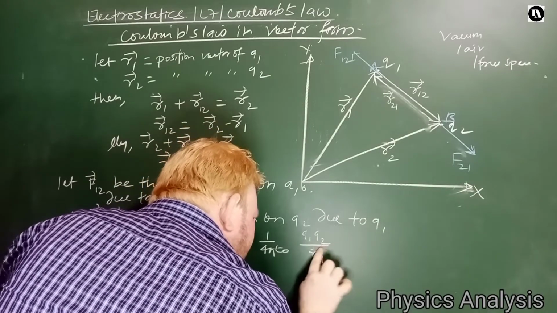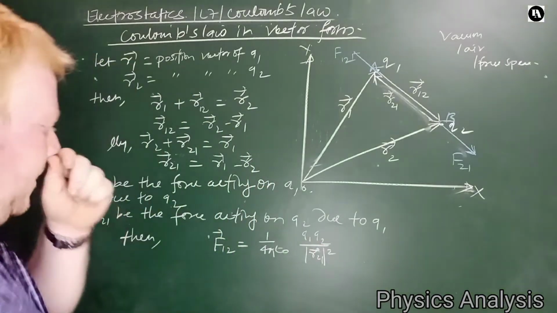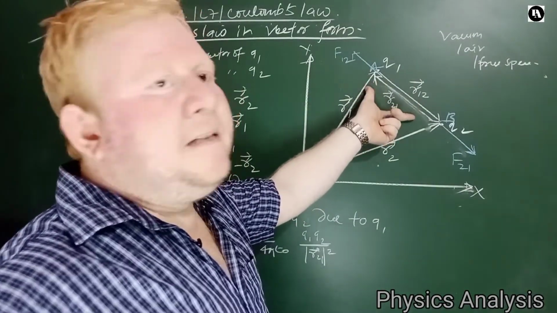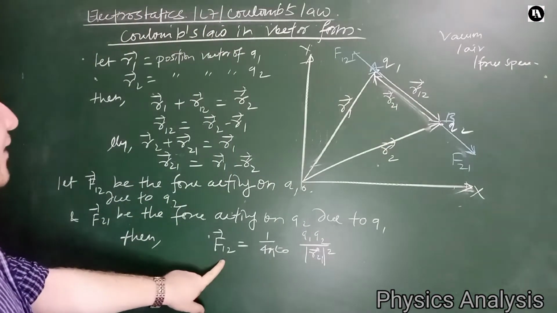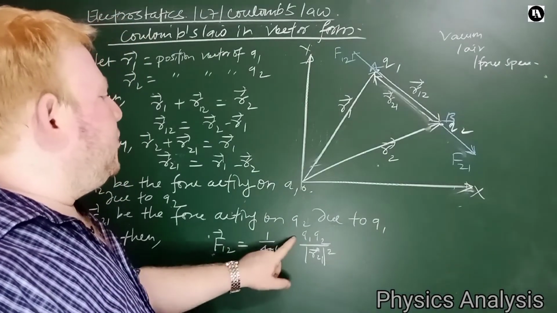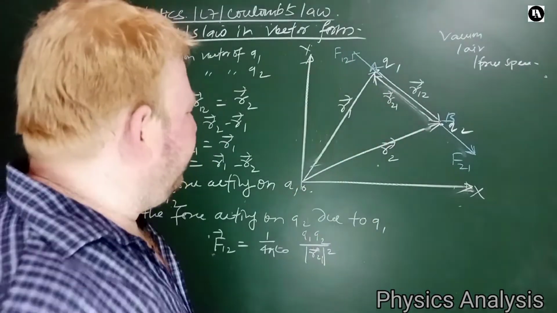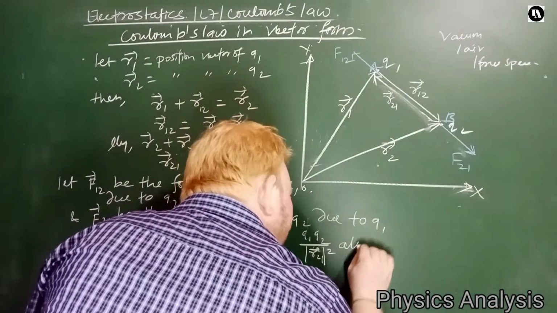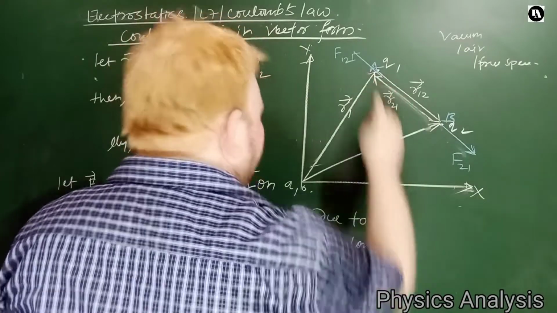But remember this one, R21 will be a modulus, because we are taking the distance between these two. But if I am writing force in vector form, F12 is equal to 1 by 4 pi epsilon naught Q1 into Q2 divided by mod R21 square, this direction, along BA. This is B and A, BA.